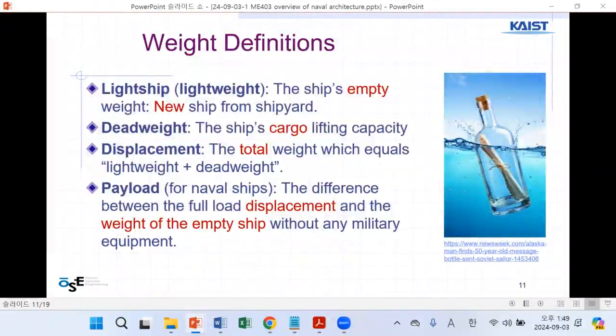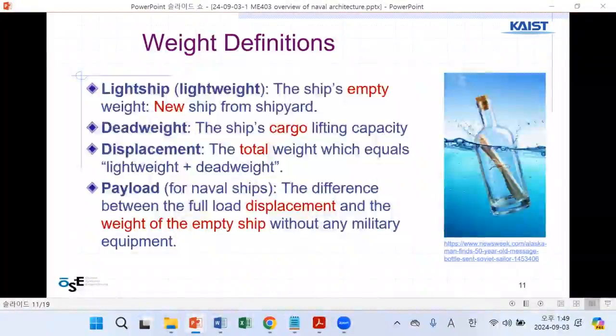And then it's divided into cargo weight and something like the bottle weight. An empty bottle has a weight. An empty ship has a weight. When the shipyard makes the first ship, before running into the voyage, the new ship, a new car from Hyundai Motors, it has a weight, right?